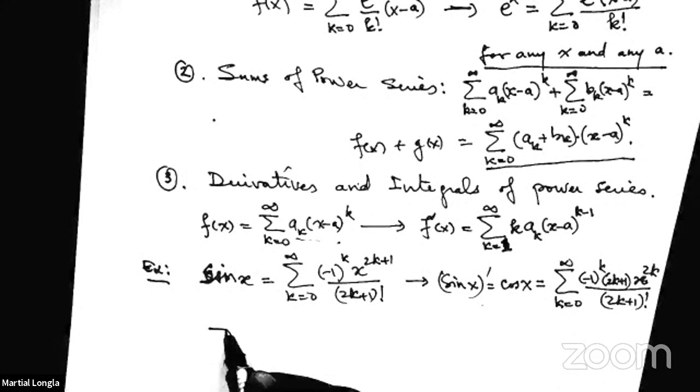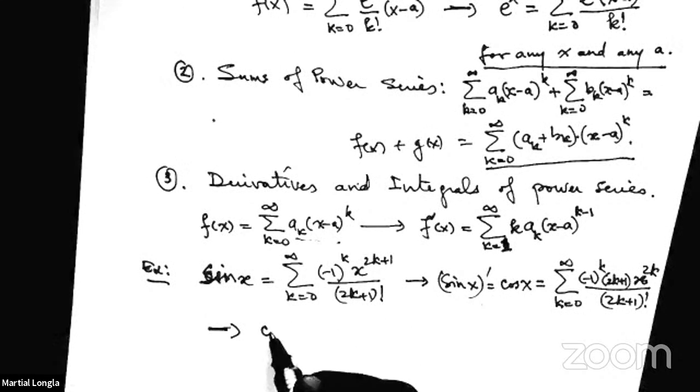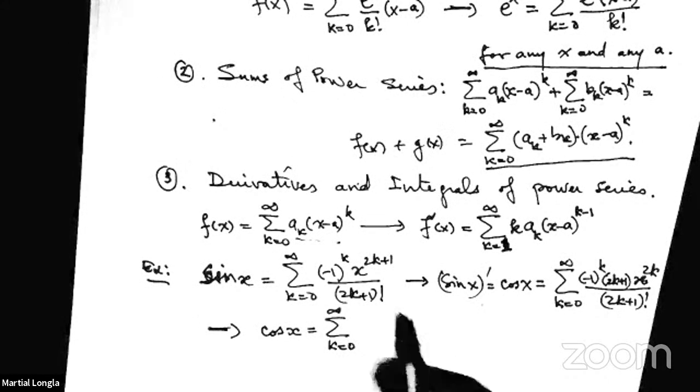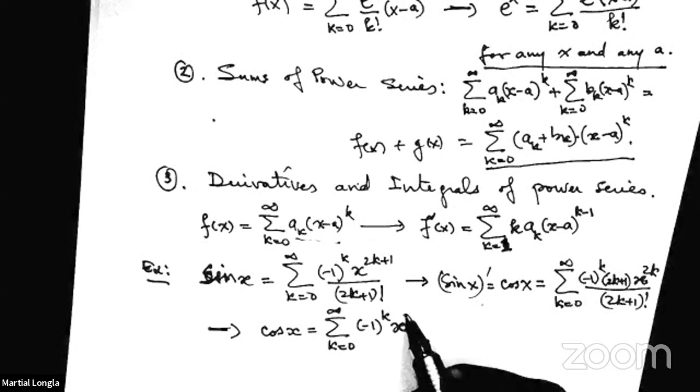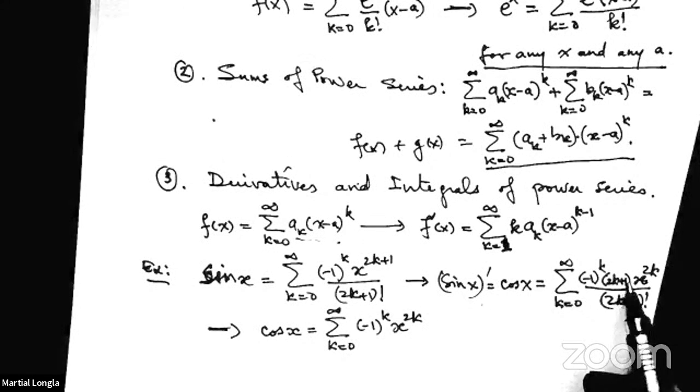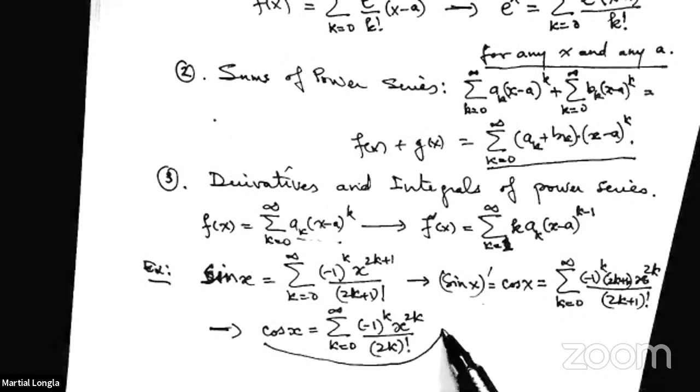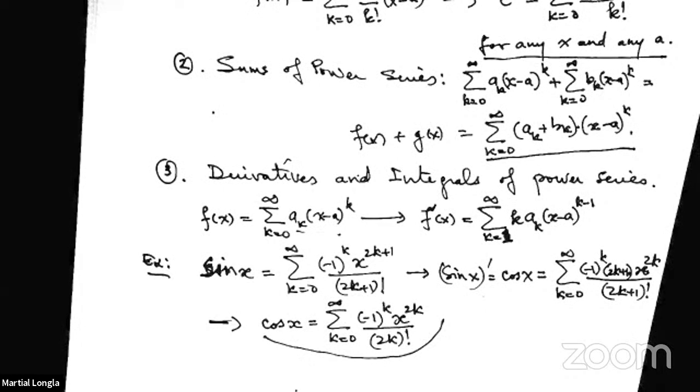So I only take the derivative of the power of x that I see. And that gives me cosine x equals sum k from 0 to infinity, -1 to the k, x to the 2k over 2k factorial, since 2k plus 1 over 2k plus 1 factorial is 1 over 2k factorial. And this is exactly what we got as the power series of cosine x.